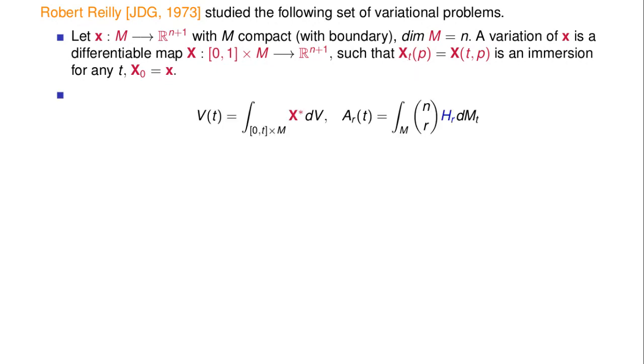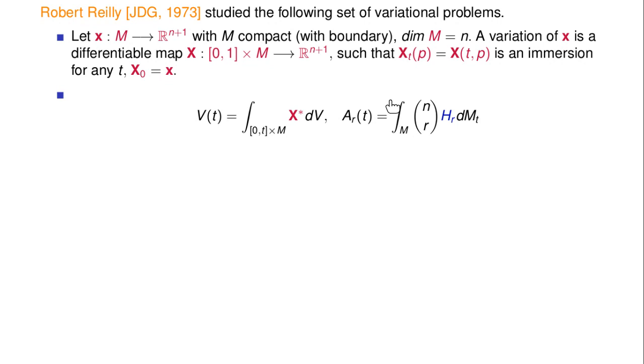Then, when t varies, you can consider V(t), that is the volume. If you have a compact manifold without boundary, this is the difference between the volume at stage 0 and at stage t, the difference with sign.